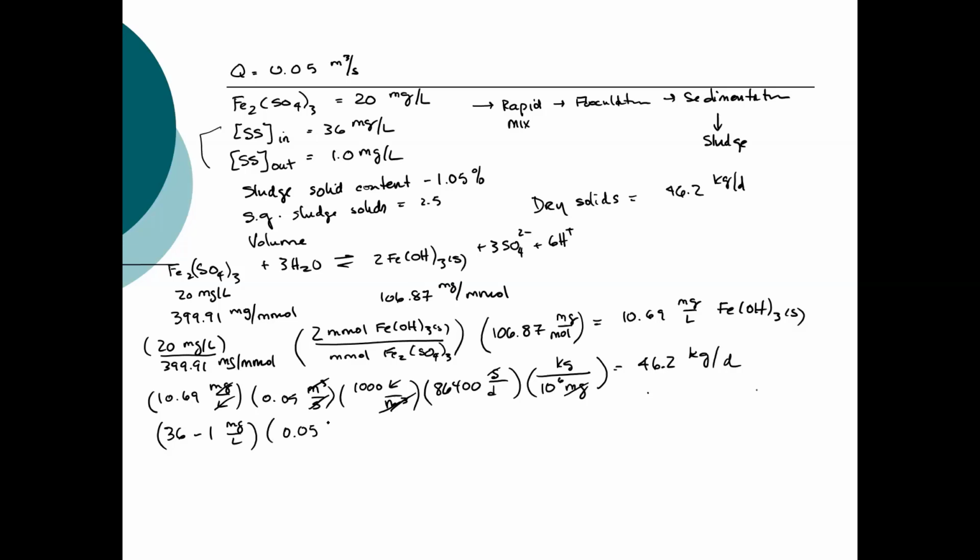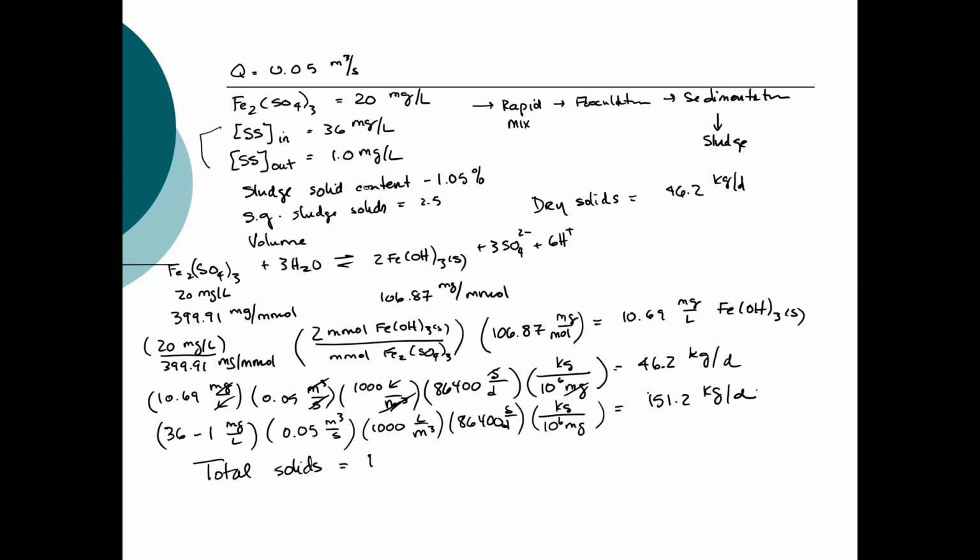Again, 0.05 meters cubed per second, 1,000 liters per meter cubed, 86,400 seconds per day, and 10 to the 6 milligrams per kilogram. And that is equal to 151.2 kilograms per day. So our total solids is equal to 46.2 plus 151.2, or 197.4 kilograms per day.